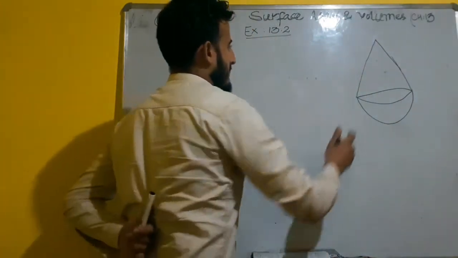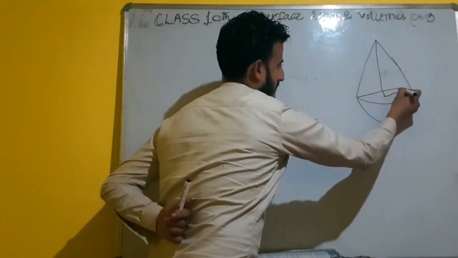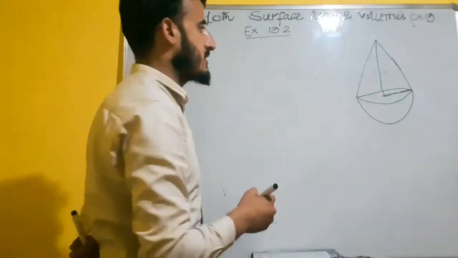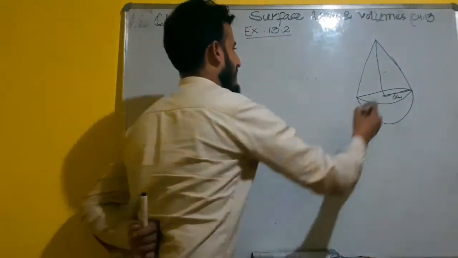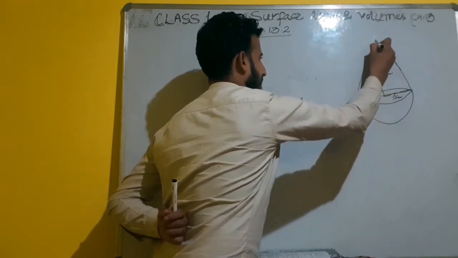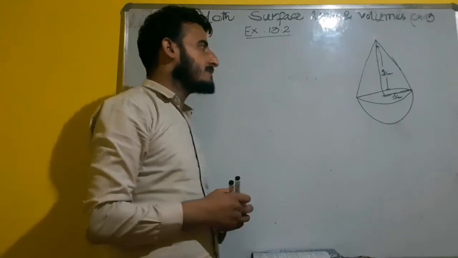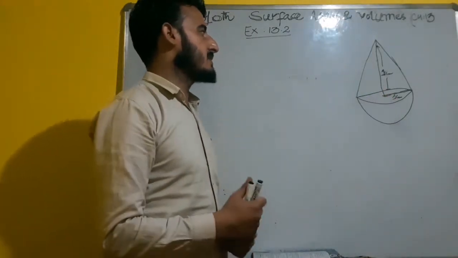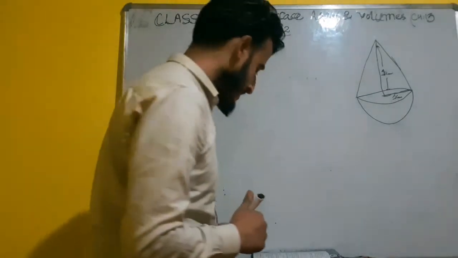It is given that the height of the cone is equal to the radius of the hemisphere, and the radius of the hemisphere is given as 1 centimeter. It means that the height of the cone is also 1 centimeter. So the height of the cone is 1 centimeter, the radius of the hemisphere is 1 centimeter, and the radius of the cone is 1 centimeter. What we need to find is the volume of this whole solid.